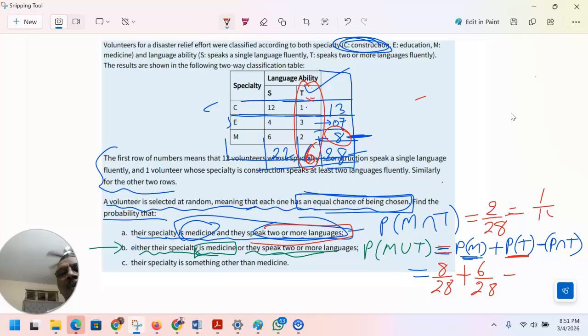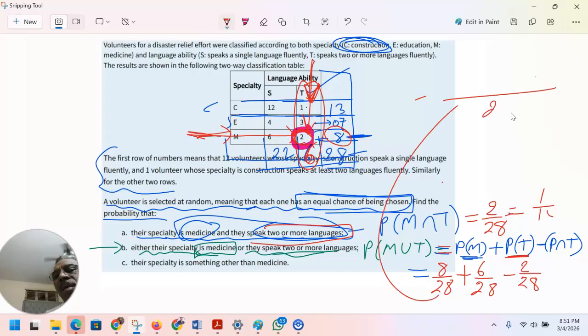And you have to take away the ones that are common. You can see the common is this one, because it is medicine as well as knows two languages. So there are two of them. You go this way, you reach here. You go this way, you reach here. So that is 2 out of 28. All have 28 at the bottom, so write it only once, and then write the numerator exactly the same.